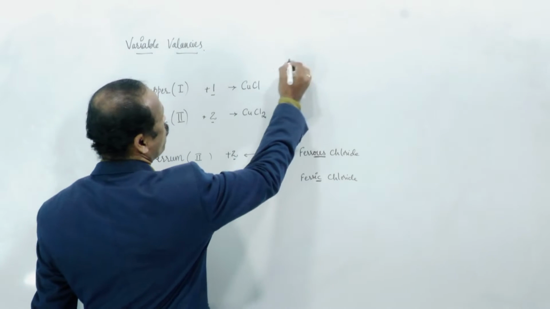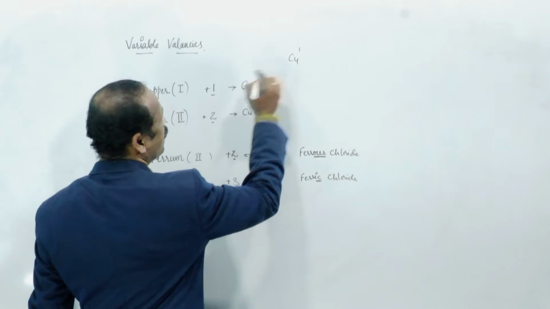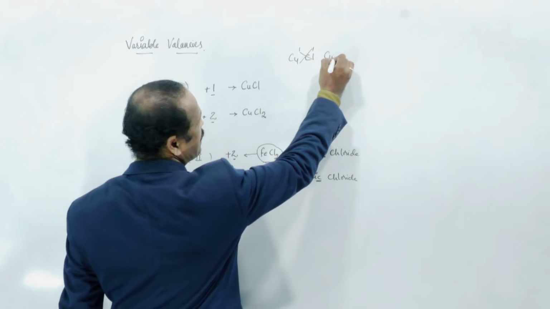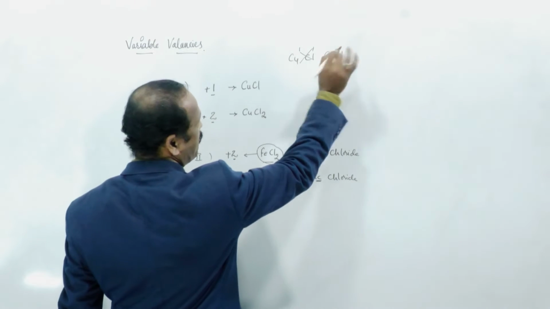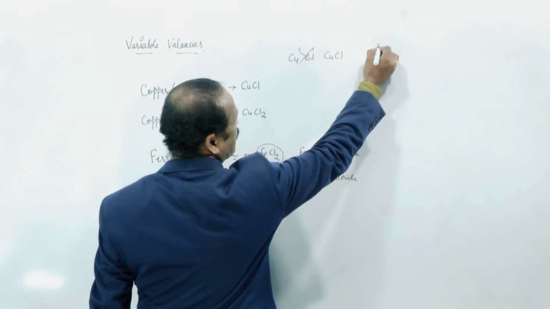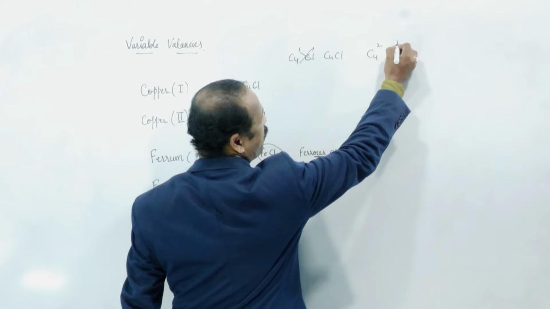So here copper is exhibiting +1, so 1. And chlorine, you know the chlorine valency is 1. They both are crisscrossing, CuCl. If it is 1, we need not change. Now similarly you can do Cu, its valency 2 if it is exhibiting +2. And chlorine, you know the valency is 1.